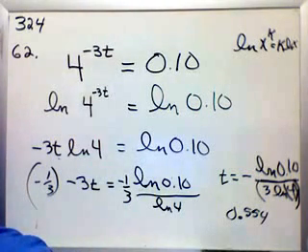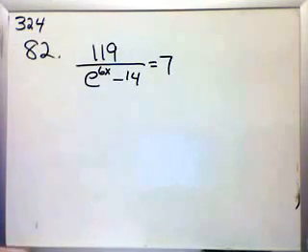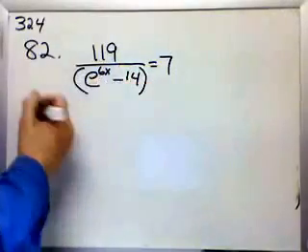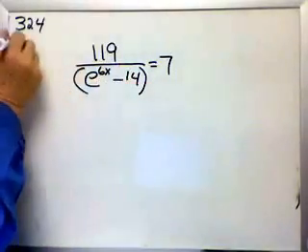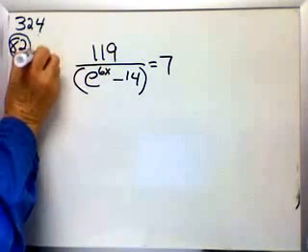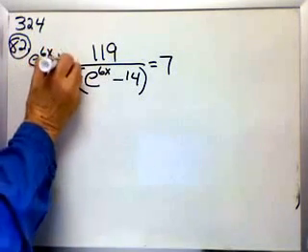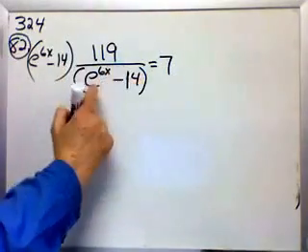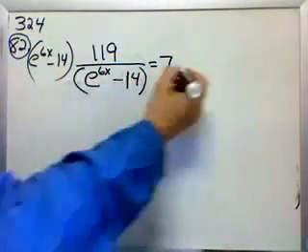Now, give me a second to erase my board, and I'm going to do another problem. Okay, here's another problem. First of all, we're going to clear both sides of fractions by multiplying both sides by e to the 6x minus 14. So let's get this out of the way here. This is number 82. So I'm going to multiply this by e to the 6x minus 14. And that 14 is not part of the exponent on the e, just so that you know that.